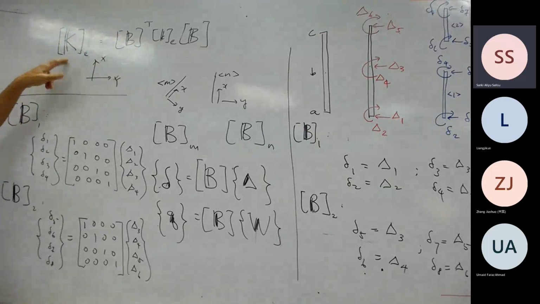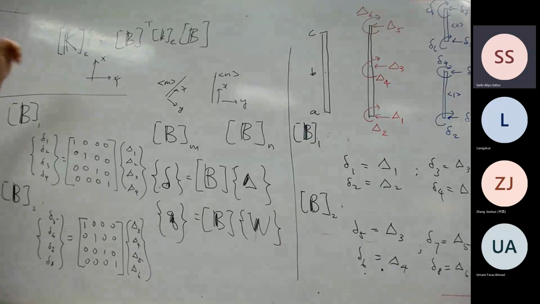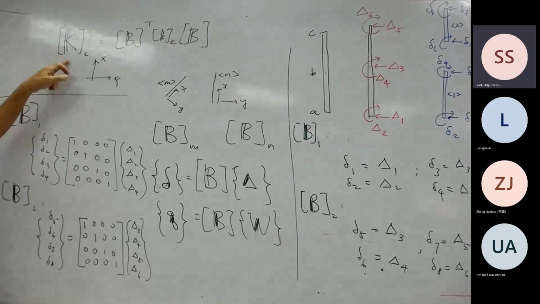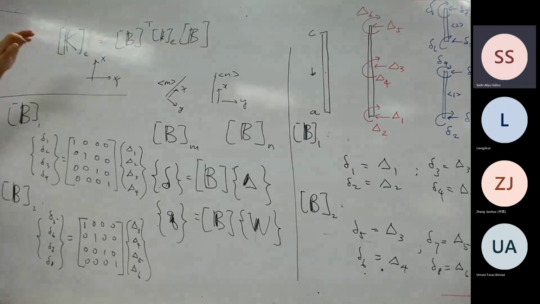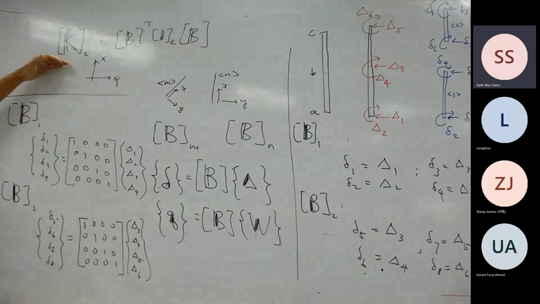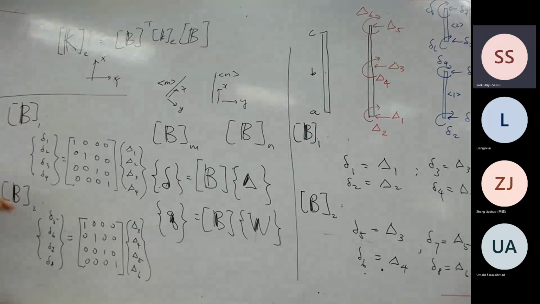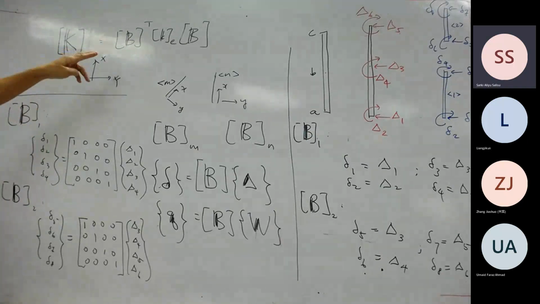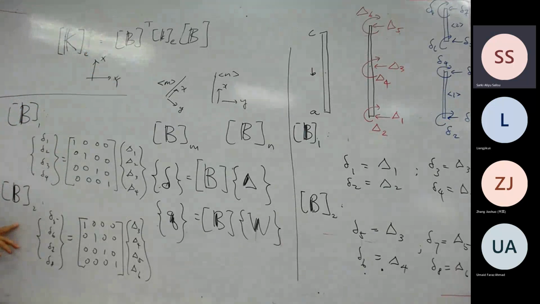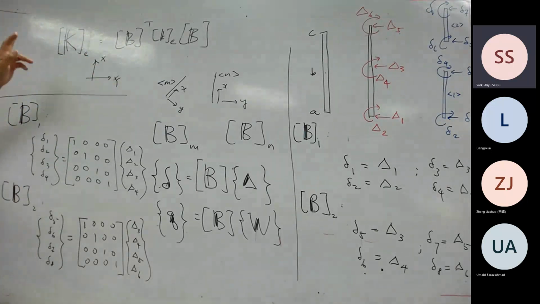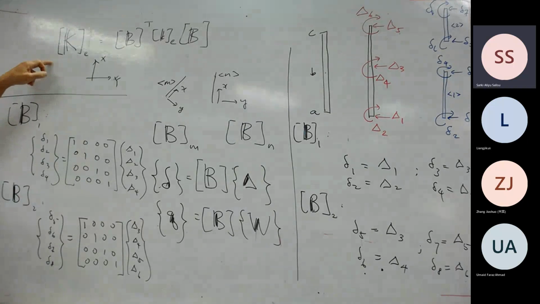First we get the element stiffness matrix for element 1 in the global coordinates. Then go to element 2, do the same thing: transpose this first, then multiply with K, and then multiply back with B, then we get it for element 2. Then after you get this, you can combine them.